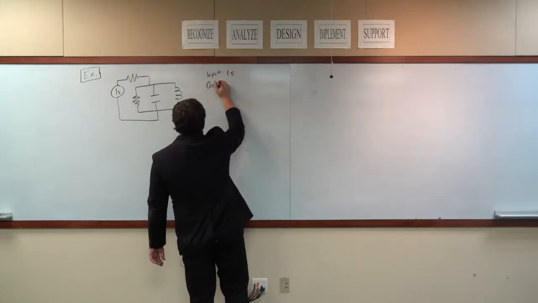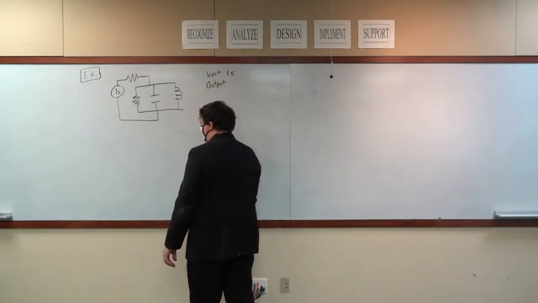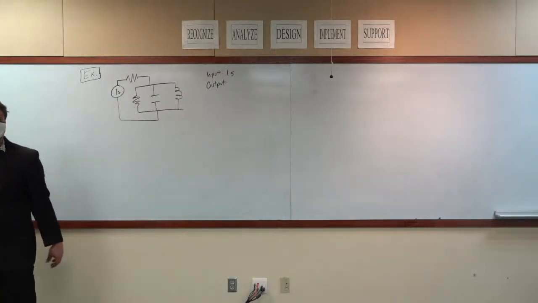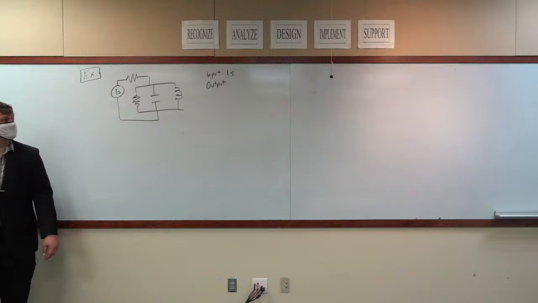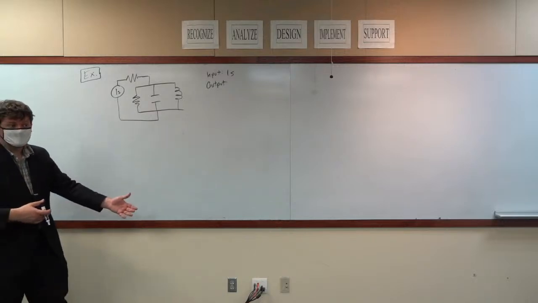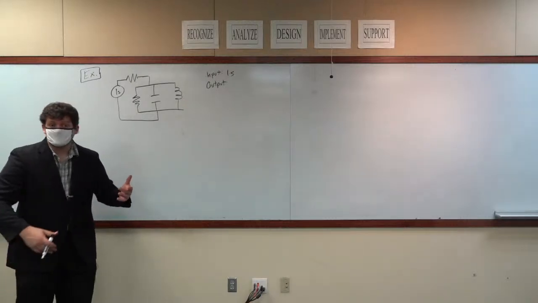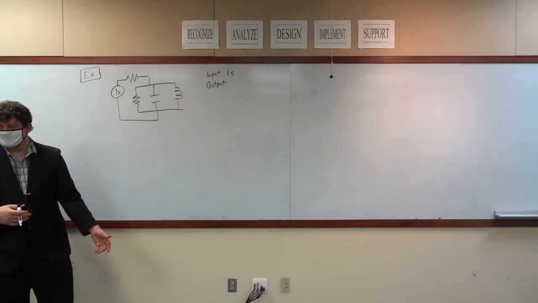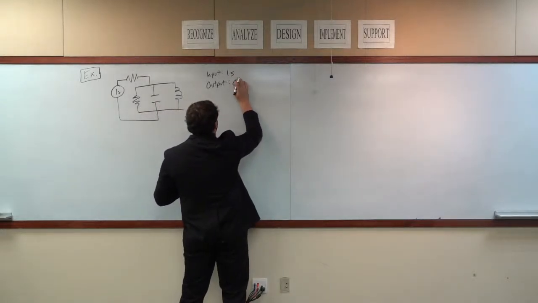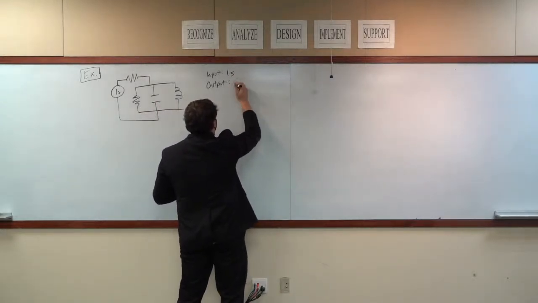What is the output? It could be IC, it could be VC, it could be IL, it could be VL, it could be IR, it could be VR. Well, I'm going to go ahead and say, all right, Brandon, we'll make it IC this time.